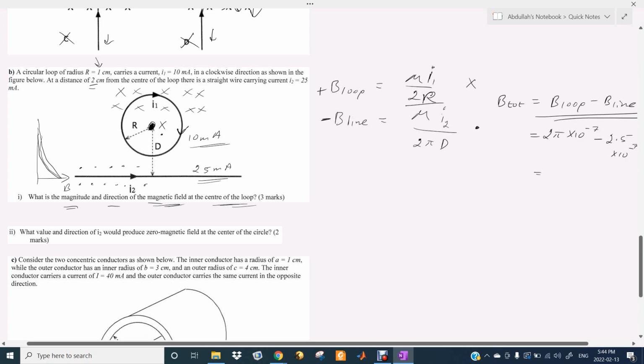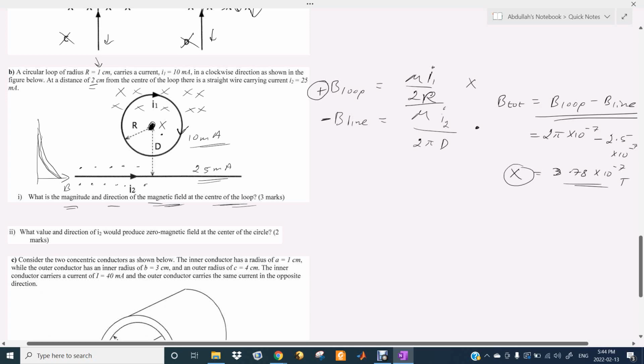So your B total at the center is a positive value of something like 3.78 into 10 power minus 7 Tesla. Since you defined positive as going into the page, the net direction is into the page.